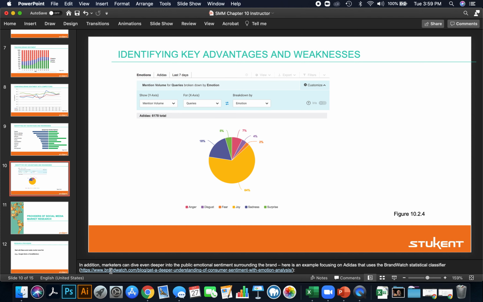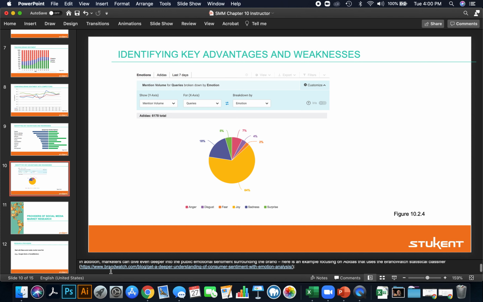It's a pretty intense way of looking at not just positive and negative sentiment towards a product, but it looks at things like anger, disgust, fear, joy, sadness, and surprise. So think about how the public feels towards your brand or subject or product. Positive or negative? Let's take it a step further. This looks even deeper. Pretty amazing, huh?